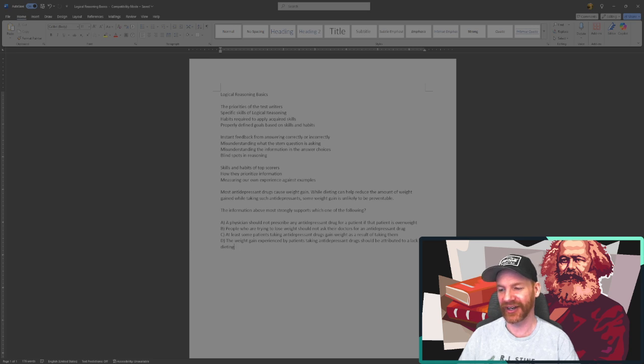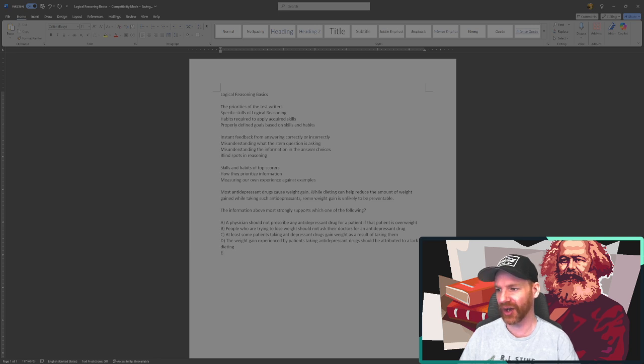Again, that is a wildly incorrect statement according to the information given in the prompt. Whether or not a patient diets is not a factor in the information given. In fact, it says the opposite.